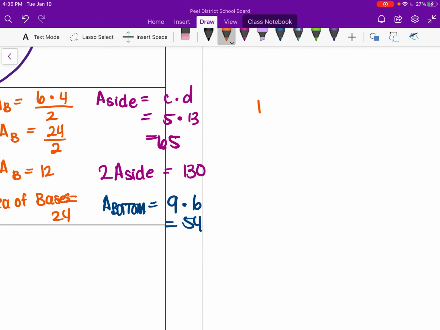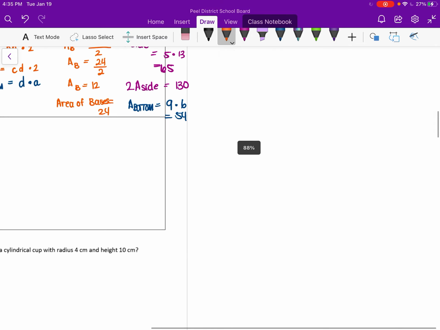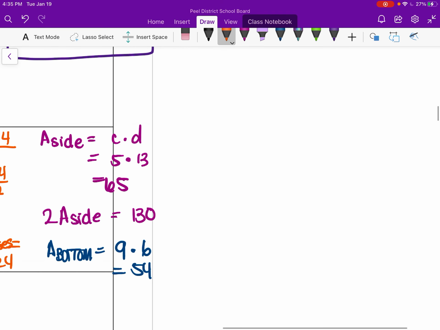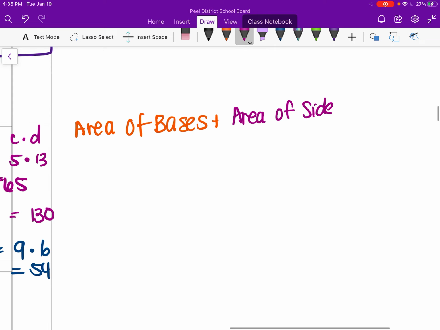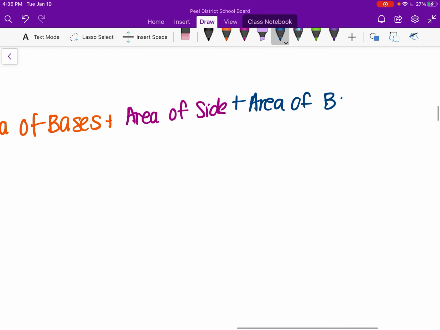So we're going to do area of the bases plus area of the sides plus area of the bottom rectangle, right?